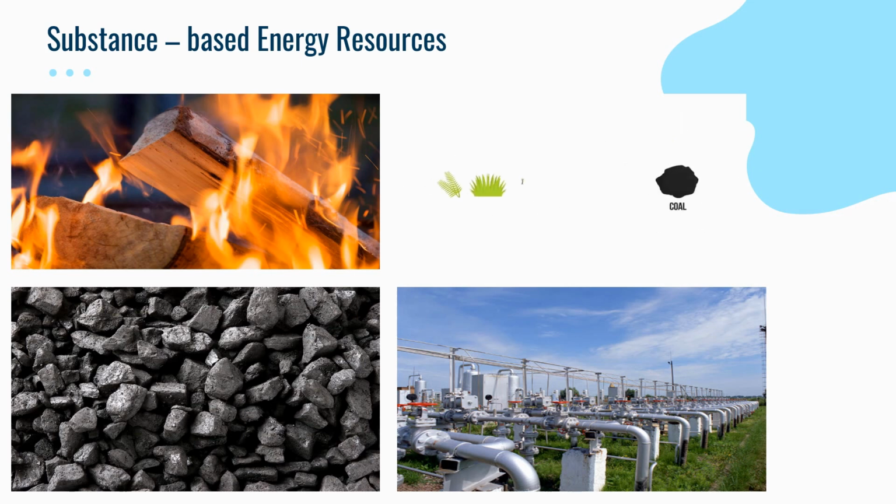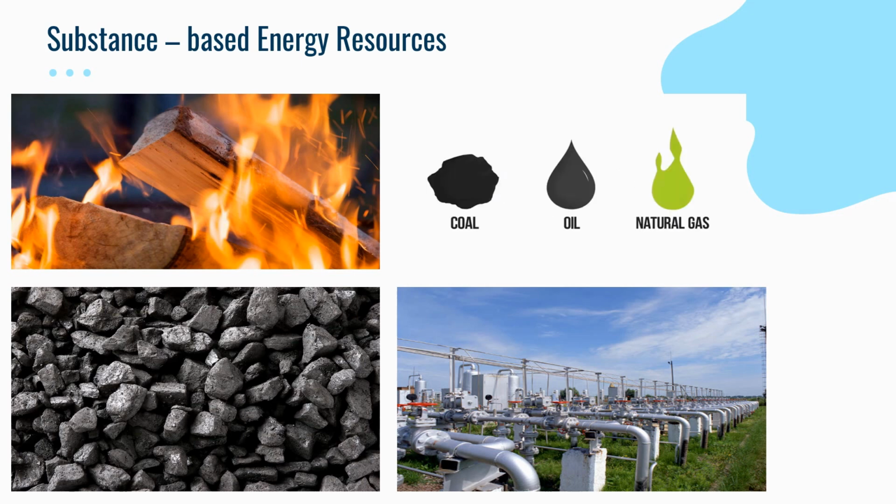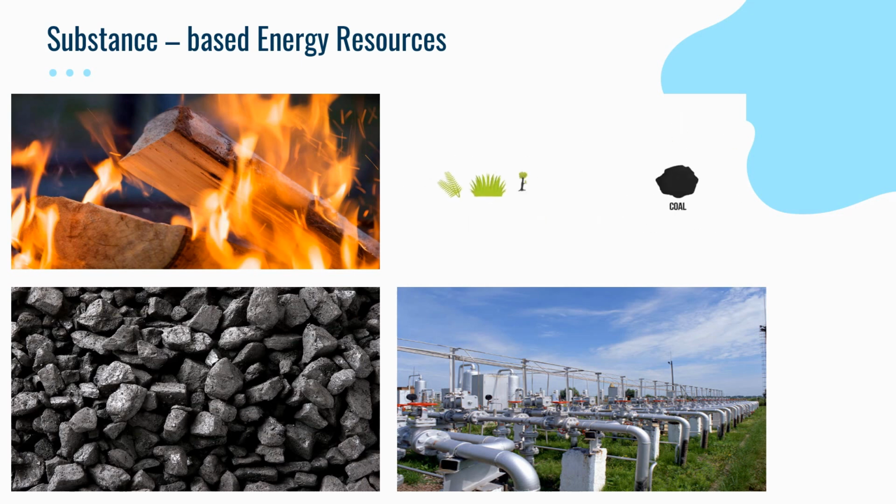The different types of substance-based energy resources are wood, coal, oil, natural gas, nuclear energy, etc. As you can see, coal comes from the remains of plants that died hundreds of millions of years ago.